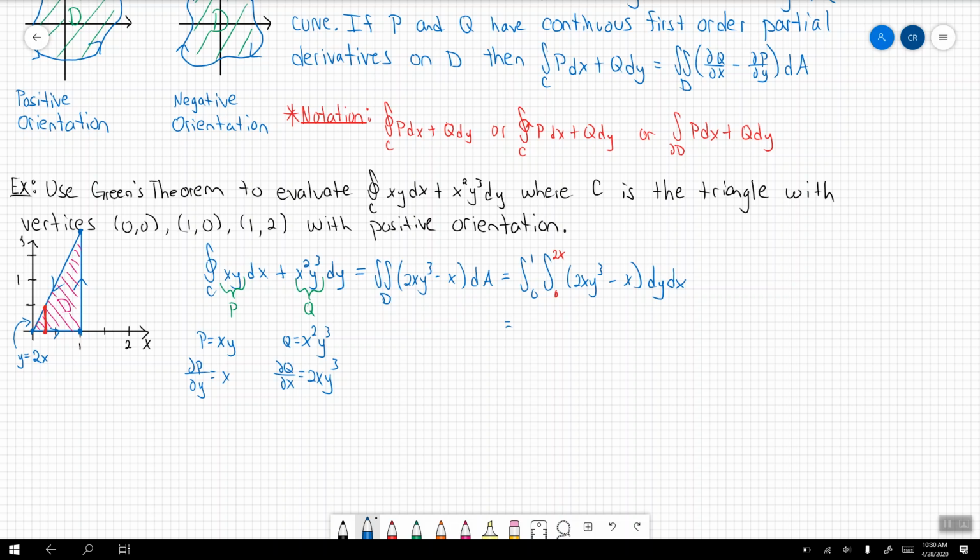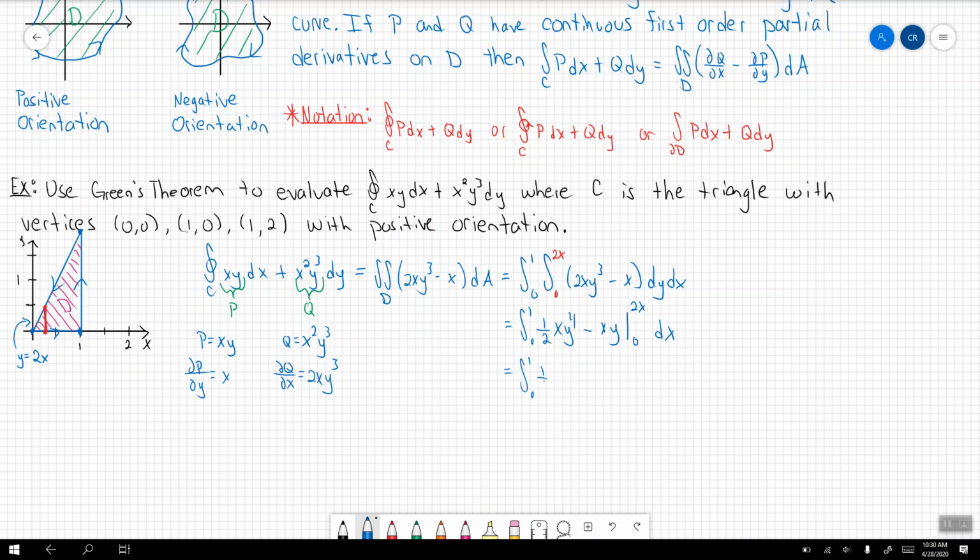Now from here we could just go through and finish off this double integral. This is going to be the integral from 0 to 1. And we're integrating with respect to y first. So that's going to leave us with x y to the 4th, divided by 4, so that's 1/2, minus xy, evaluated from 0 to 2x dx, again from 0 to 1.